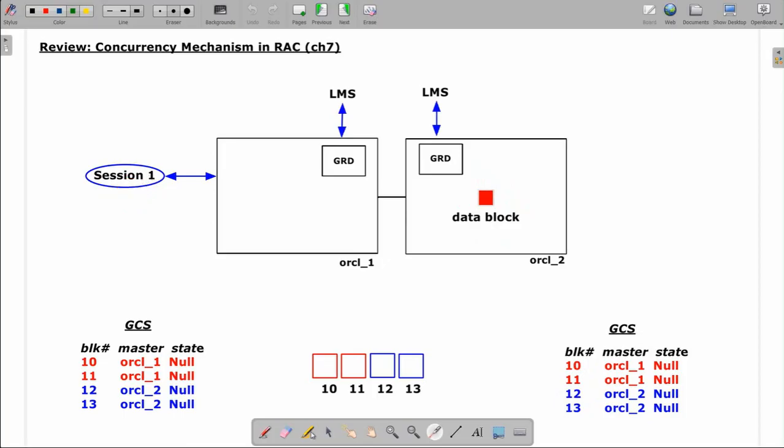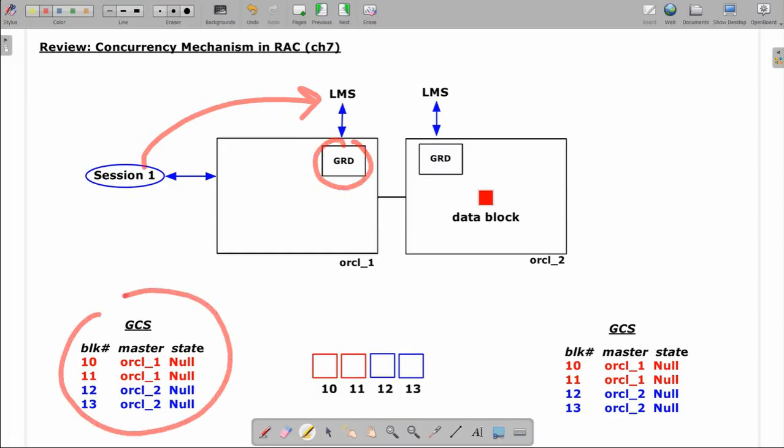This session must work with the LMS process, the global cache service background process. I need a certain block, and who should I connect to? LMS will check the global resource directory information like this. If the block requested is number 12, then we can easily check ownership. ORCL2, the second instance, is the owner.